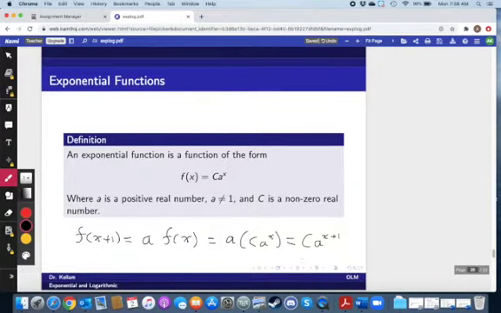Now, this is one of the theorems that dictate exponential functions, and it's one of the things that we will discuss in more detail further.